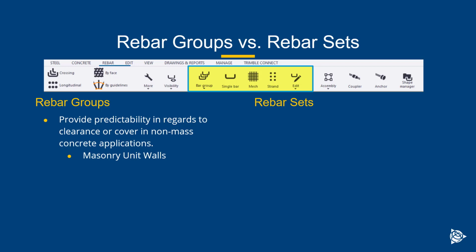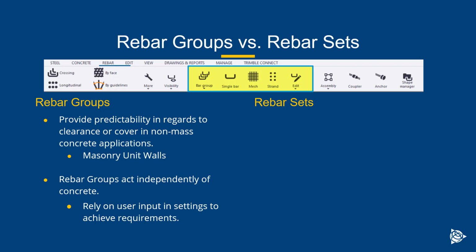A great example of this is masonry walls, or if you have to build a separate element or cage within an overall shape of concrete. They more or less act independently from our concrete, right? And they rely on us inputting the correct values in the properties pane to control clear cover, shortening, extensions, hooks, that sort of thing. It's a very direct, almost stick build kind of mentality.